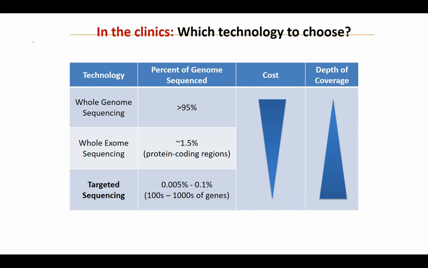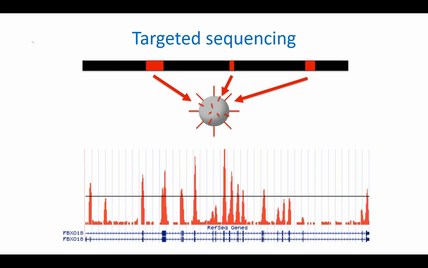The cost is somewhat in the middle. And what is very commonly used is panels, in which you just select what you want to look at. The cost is low, and the coverage can be as high as you want. So very reliable. This is the way to do it.